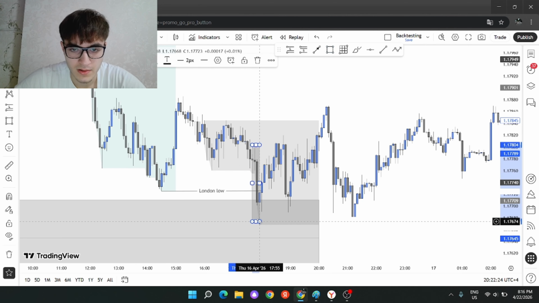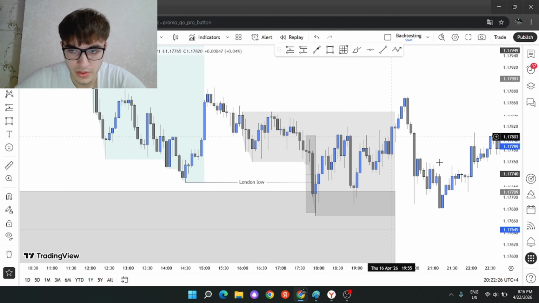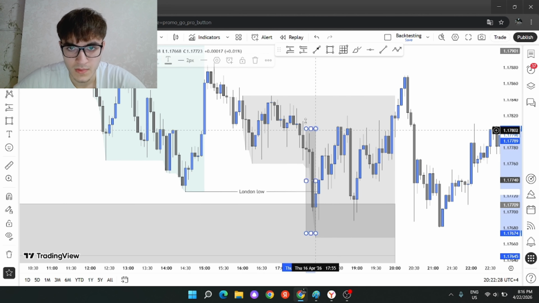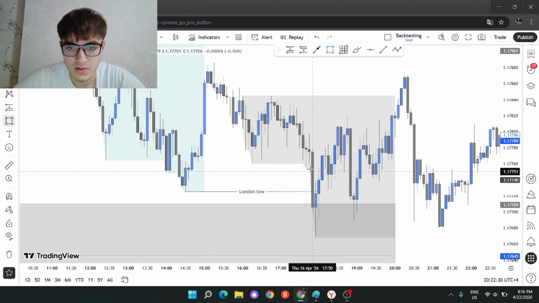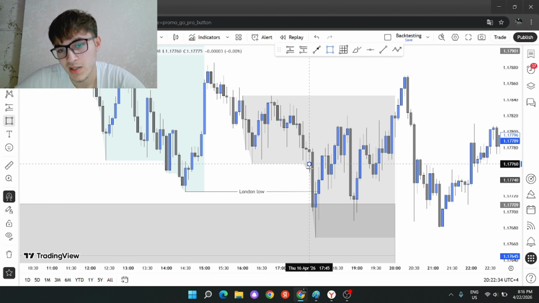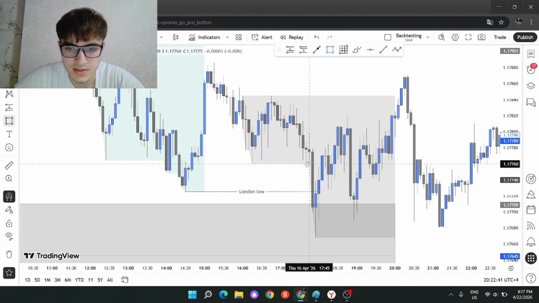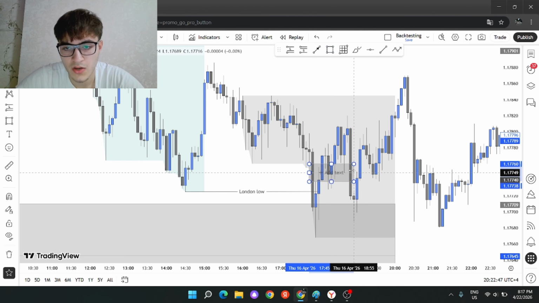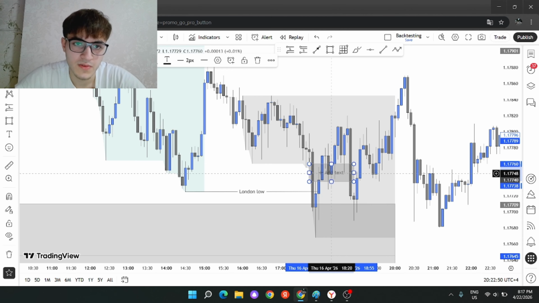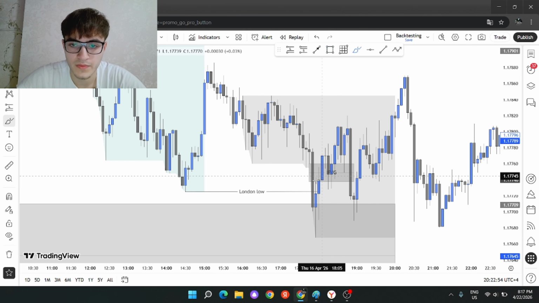We mark the bottom wick of the first candle, and the top wick of the third candle. So this is our fair value gap, and the inverse fair value gap will be if price breaks through this fair value gap.